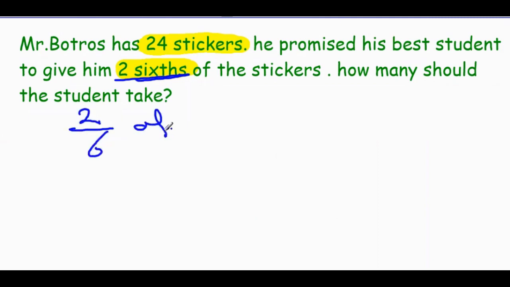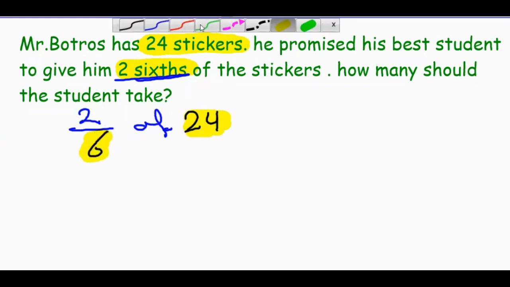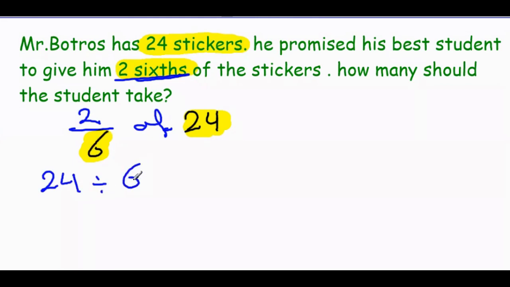2/6 of 24. I should break the whole, which is 24, into 6 equal parts. And I can do that by division. So the first thing is to divide 24 by 6. You will get 4. And this 4 represents one part of 6 parts of 24 stickers.